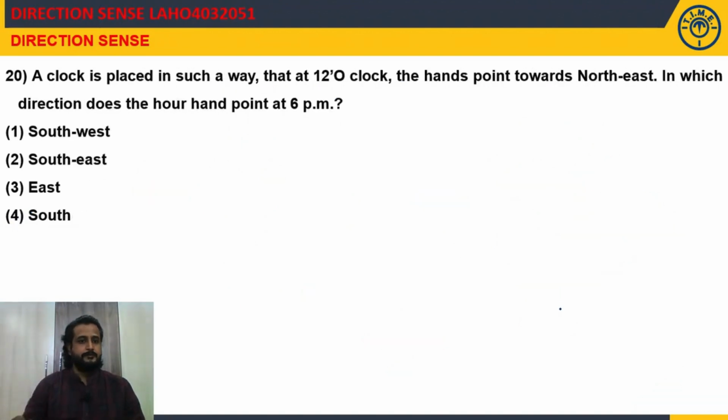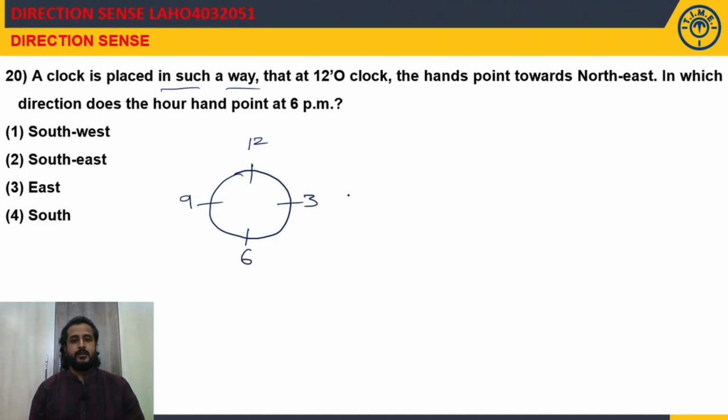Move to the question number 20. A clock is placed in such a way that, okay, again clock, 12, 3, 6 and 9. Okay, what are the initial directions? East, west, north, south. So what is given?